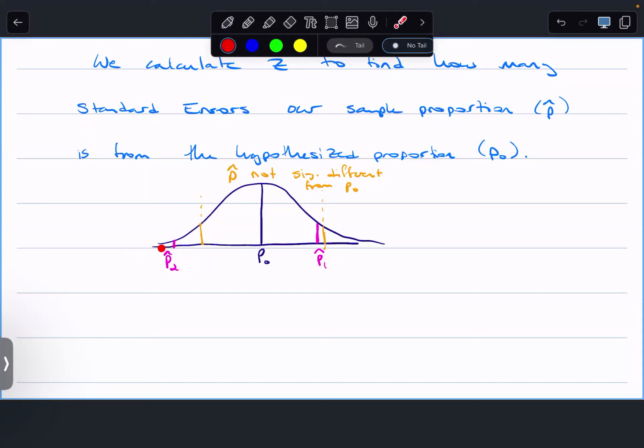Because there's area in the tail, so it's still possible that it came from a distribution centered on p naught, but it's unlikely, right? So that's why I'm going to reject this hypothesis that p is centered on p naught and probably centered on something else. Okay. So this idea out here, let's see here.